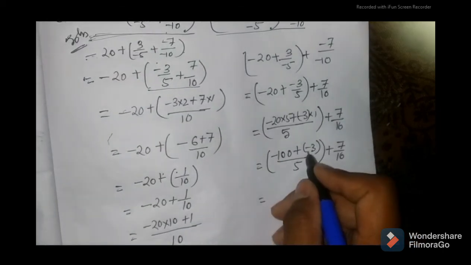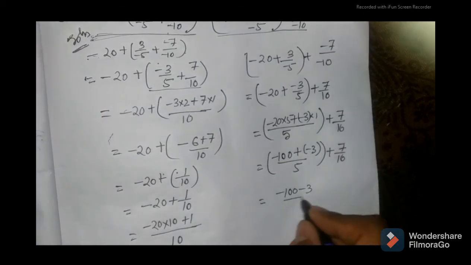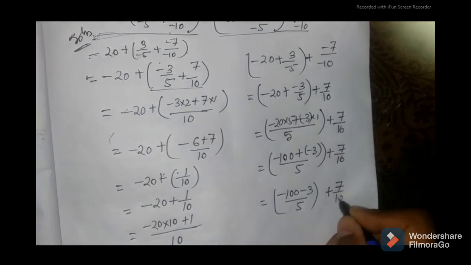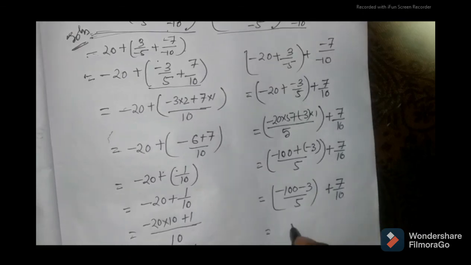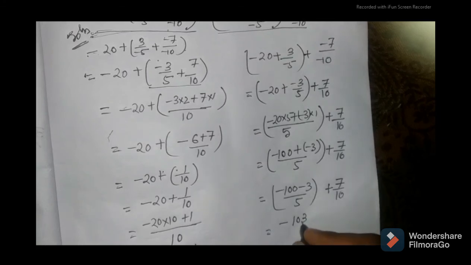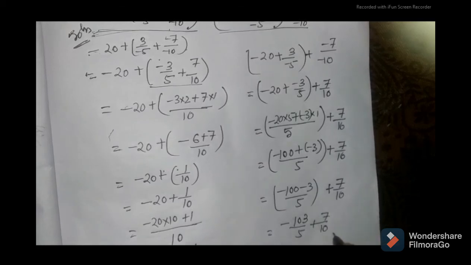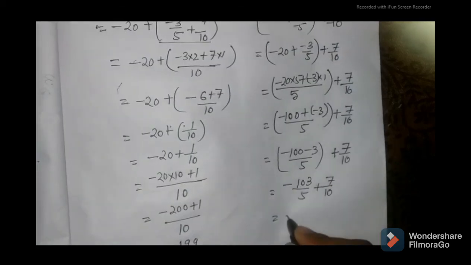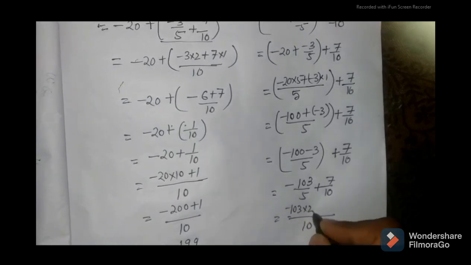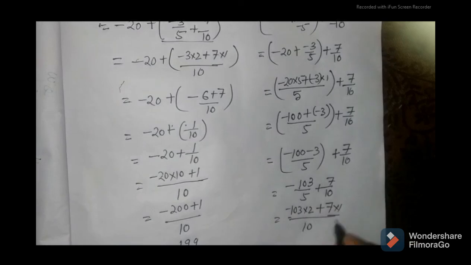So minus 103 by 5 plus 7 by 10, into LCM 10, minus 103 into 2 plus 7 into 1.